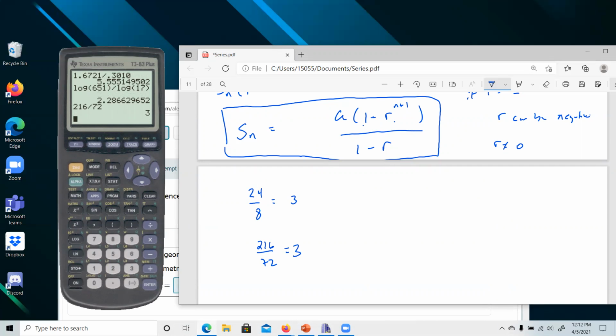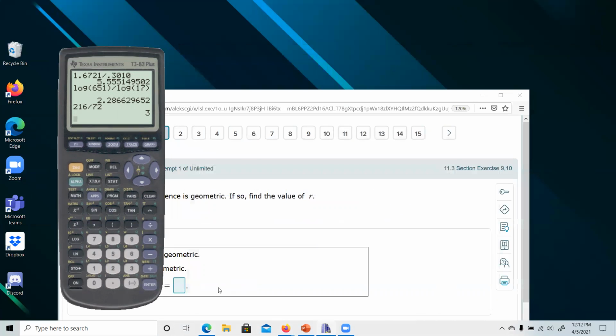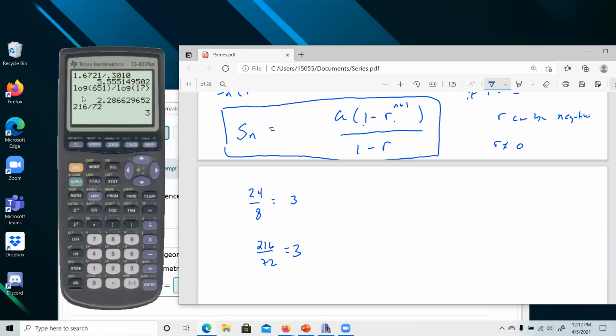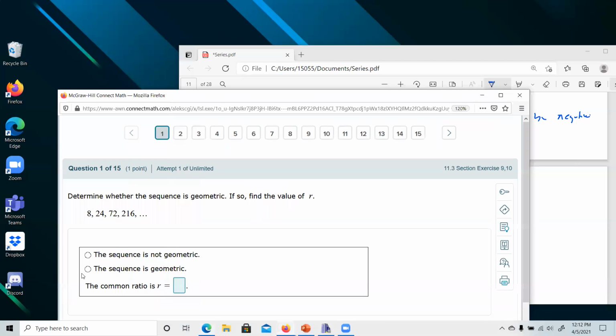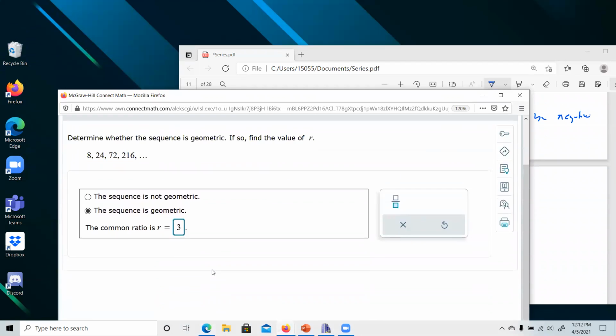You could keep checking, but really what you want to do is make sure that you've got a common ratio between all the different terms. Some of these you could do by inspection. You can look at this and say, oh, 72 divided by 24, that's 3. So you can check as many as you'd like, but check at least 2. All right, so this is geometric, and our r is 3.